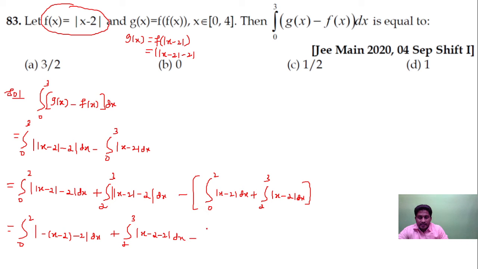If you open the bracket, this is 0 to 2, x − 2 is negative, you get −(x − 2). And between 2 and 3, plus of minus is minus, this is 2 to 3, between 2 and 3 this will be positive, you get x − 2 dx. If you open the bracket, you get mod x here.